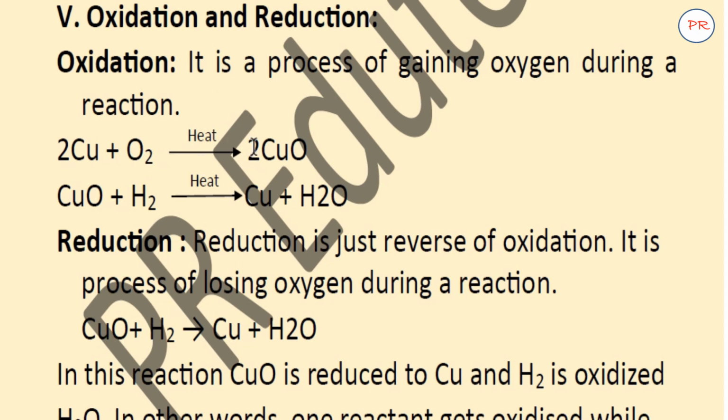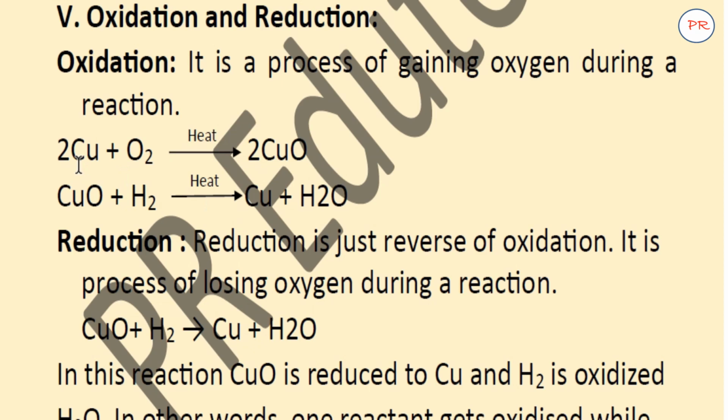So it will give you 2CuO. देखो प्रॉपर बैलेंस रिएक्शन लिखने का मार्क्स रहता है. सेम मैनर अगर मैं कॉपर ऑक्साइड को हाइड्रोजन के साथ रिएक्ट करूं तो वापस मुझे कॉपर और वाटर मिल जाएगा. So CuO plus H2 on heating will give me Cu plus H2O.